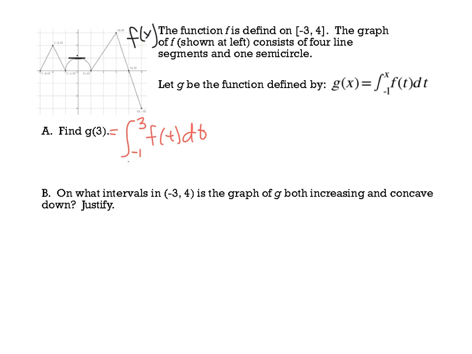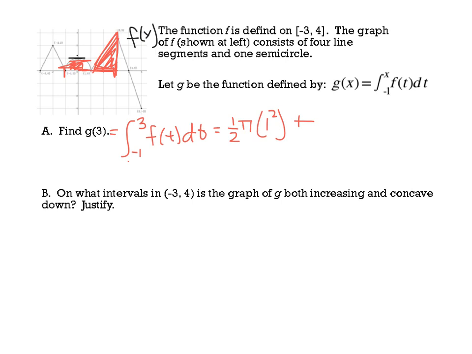Now remember, integral just means you're finding the accumulation of the area on that interval. So you're trying to find the area from -1 to 3, which I believe is over here. So you're going to find the area here, and then you're going to find the area here. So you have a semicircle and a right triangle. That area is going to be 1/2 pi times the radius squared. It looks like the radius of this semicircle is 1, plus the area of this right triangle.